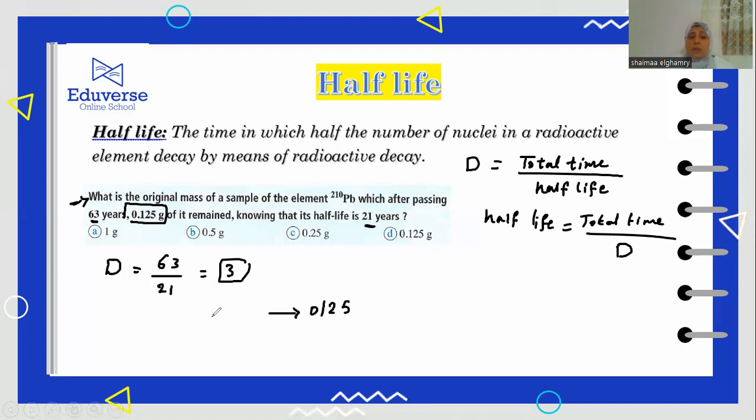So we multiply it by 2, which gives 0.25 gram, multiply by 2 one more time, which gives 0.5, and multiply by 2 for the 3rd period, which gives 1 gram. So the original mass of lead is 1 gram.